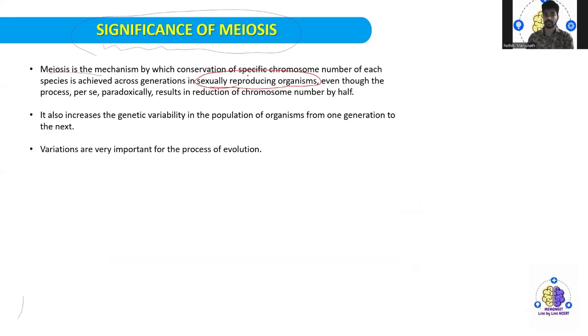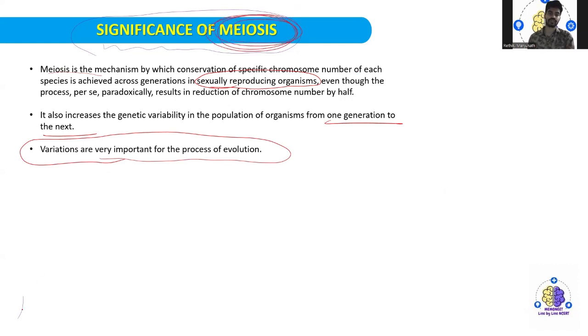Even though the process paradoxically results in reduction of the chromosome number by half, it is meiosis which helps to restore the genetic character. It also involves genetic variability in the population of an organism from one generation to the next. The variations are very important for the process of evolution. So meiosis is the process where we observe variation.